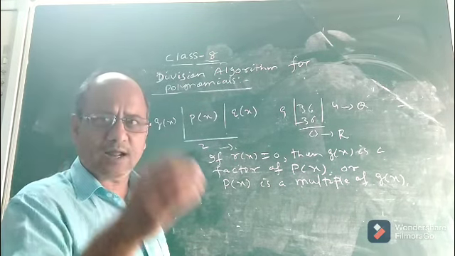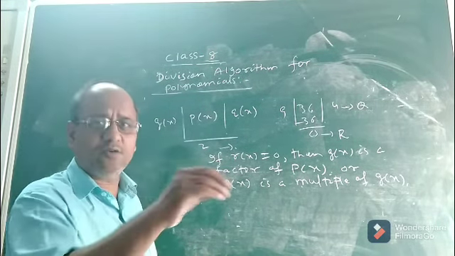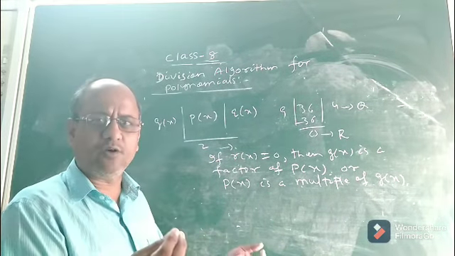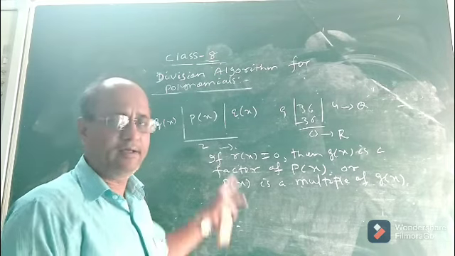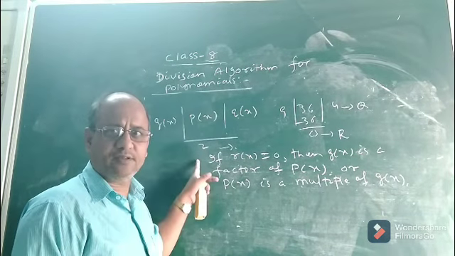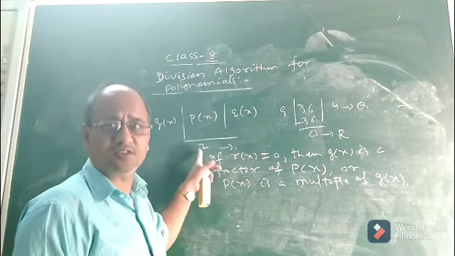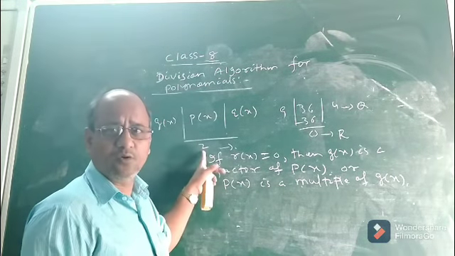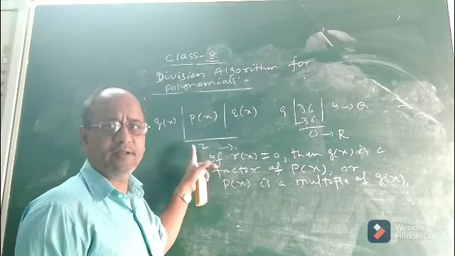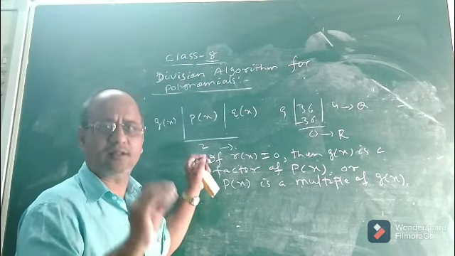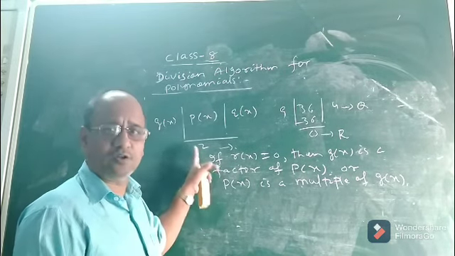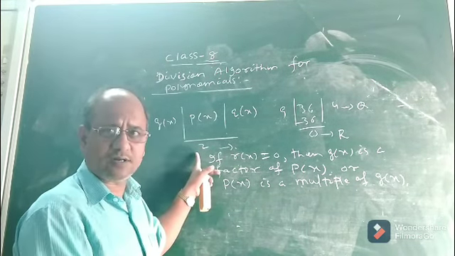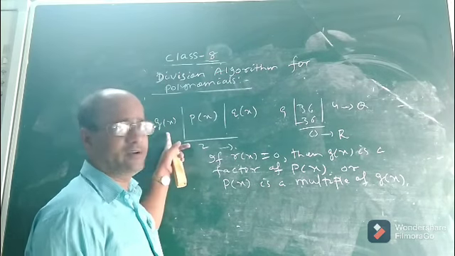You can ask me one thing, sir, up to what will we continue the division? How will we know that the division has come to an end? The process is, look at the remainder. If the remainder is 0, then the division is complete. If the remainder is not 0 but some non-zero constant, its degree will be less than the degree of the divisor.